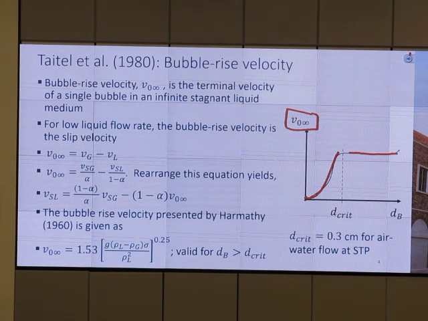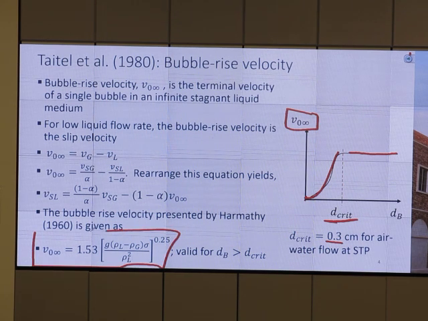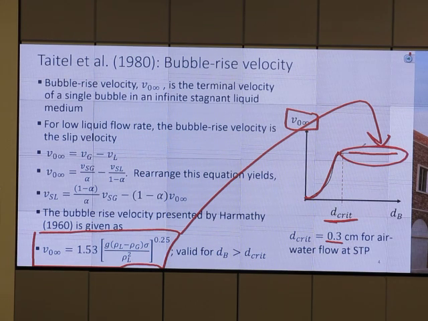That certain size is the critical diameter, and for the air-water system it is about 0.3 centimeter. So this equation is valid for this range, when the bubble is greater than a certain size. If it is smaller than some size, then this equation is not valid. Good?